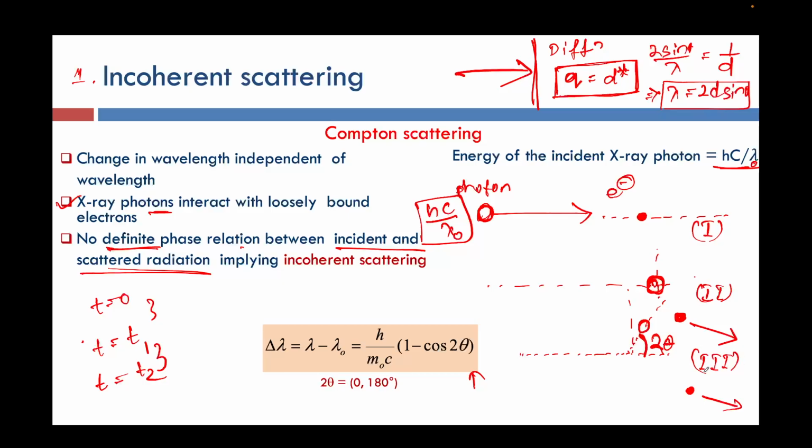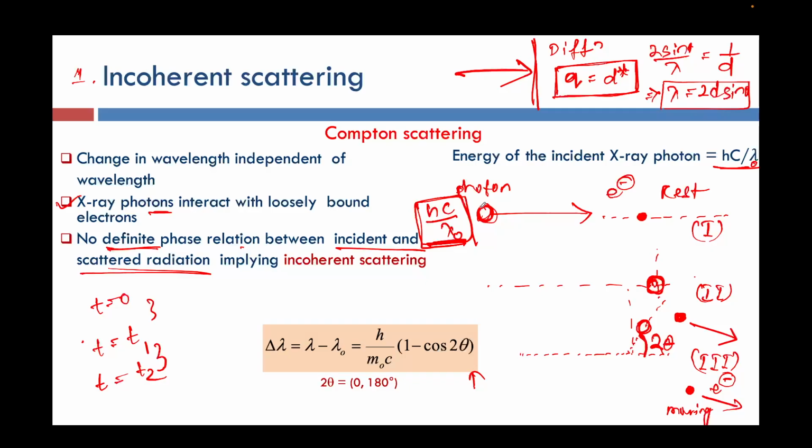In the third stage, what is happening? Initially my electron was at rest, now my electron is moving. That means my photon has given some amount of energy to this electron. The hc by lambda naught energy, which was the maximum energy with my photon earlier, has now reduced.